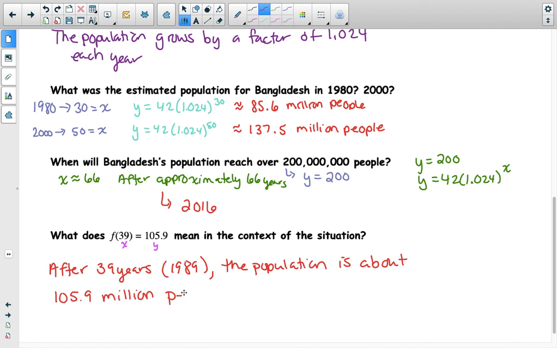The population is about 105 and 9/10 million people in Bangladesh. It's not going to be exact, and it's in millions. And that's how we put it in context.